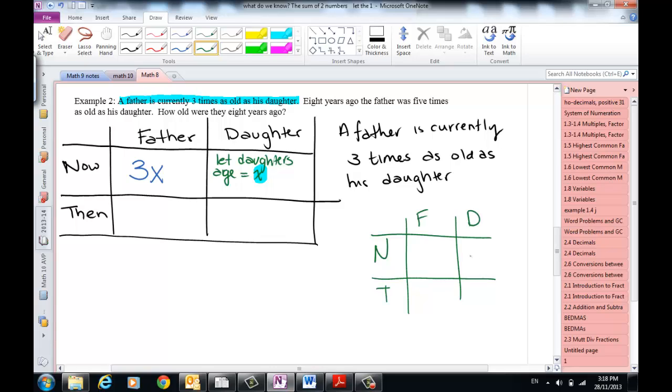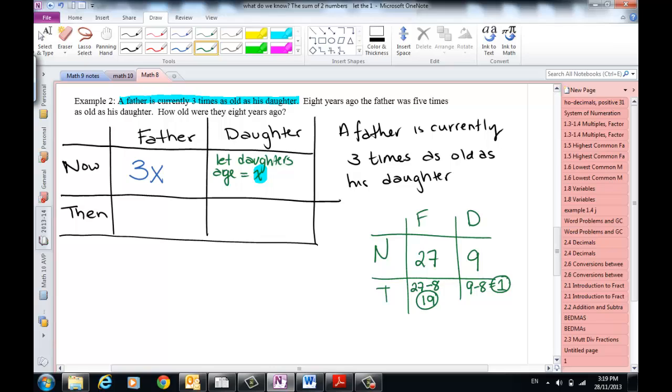If the daughter was 9, well that would mean that the father would be 27, because 3 times 9 is 27. 8 years ago, how old was the daughter? So I would just take 9 minus 8, and this would be equal to 1. So 8 years ago, the daughter was 1. And 8 years ago, the father was 27, his age now, minus 8 for 8 years ago, was 19.